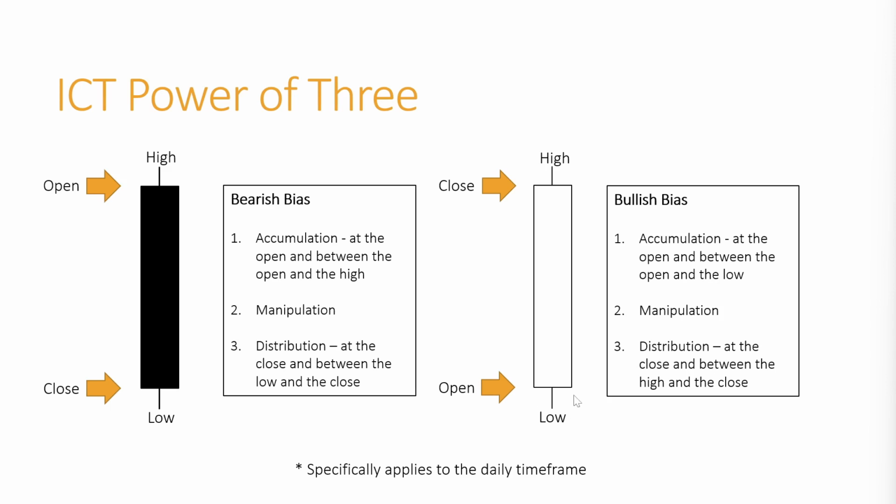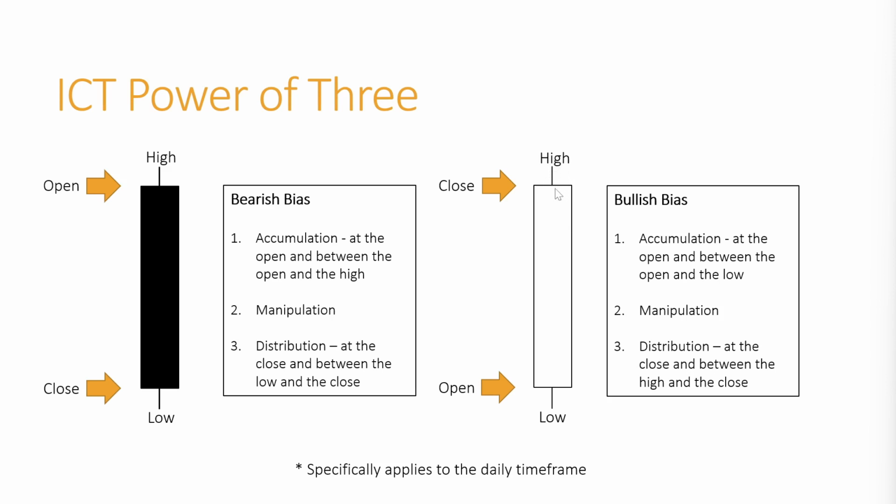So again, if we're looking at the daily chart and we're expecting higher prices because we have a bullish bias, we're going to anticipate that the market will open, trade lower during that accumulation phase. We'll then trade higher through the manipulation phase, and then towards the end of the session, we'll make a meaningful high before closing lower.